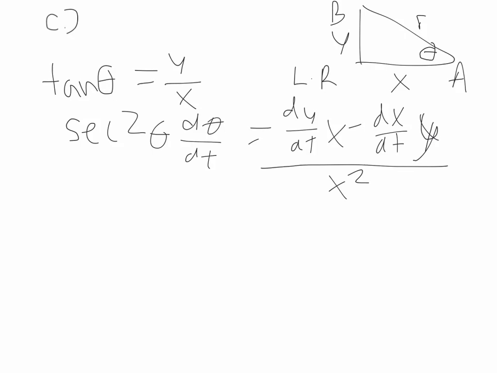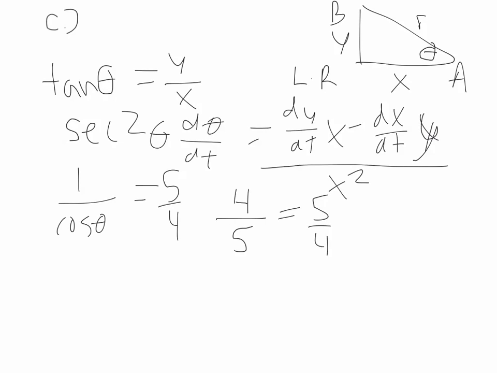So when x equals 4 and y equals 3, secant of theta, or really 1 over cosine of theta, equals 5 over 4. Because if you look at it this way, cosine of theta is adjacent over hypotenuse, so adjacent is x, which is 4, over hypotenuse, which is 5. But since it's secant, it's 1 over that, or basically you just flip the numerator and the denominator.